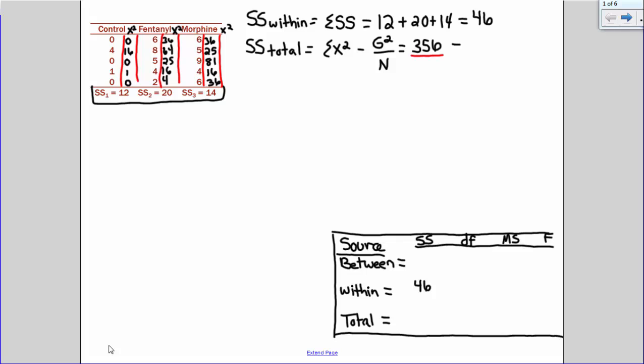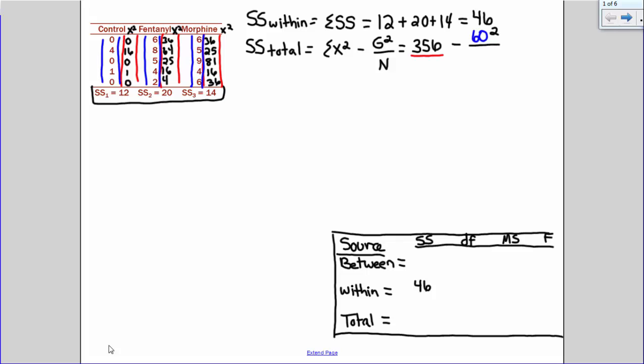And then my grand total, you just add all these together. So you take 0 plus 4 plus 0 plus 1 plus 0 plus 6 plus 8, all those scores added together, and you end up with a value of 60. We're going to have to square that at some point.